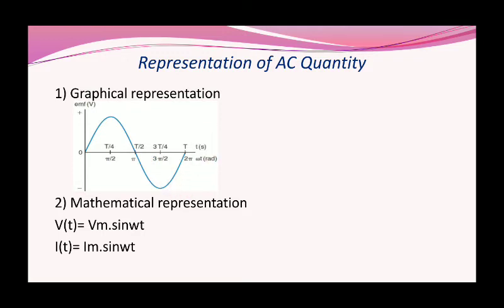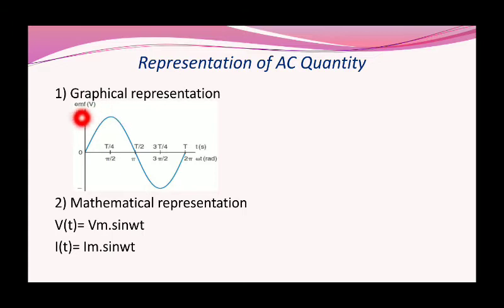Graphical method means what? On a graph paper. For example, you can see here is the x-axis and y-axis. On the x-axis there is time or angular velocity, that is omega t, and on the y-axis there is voltage, or we can have current also. So graphical representation means we are expressing or representing an AC quantity on a graph.